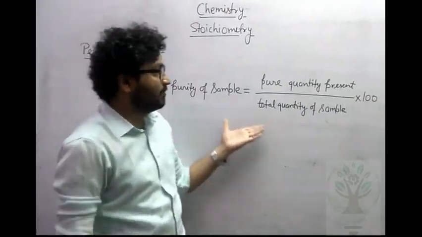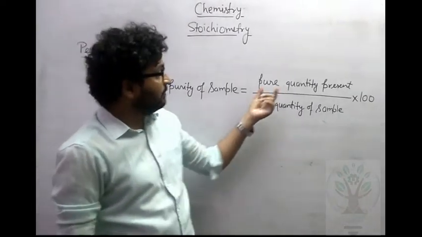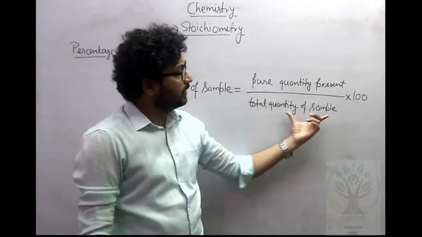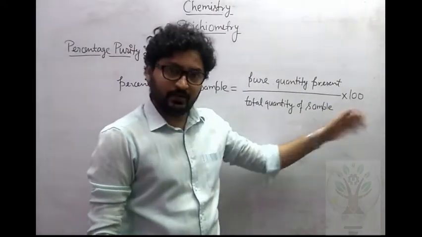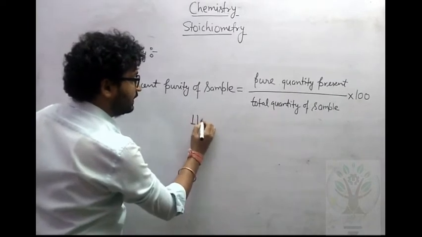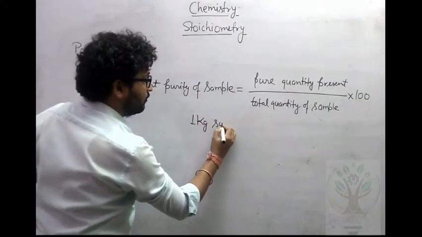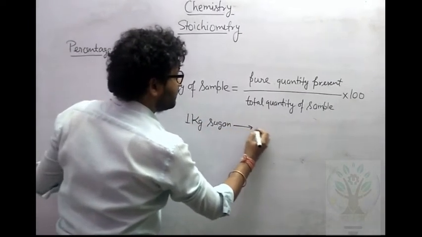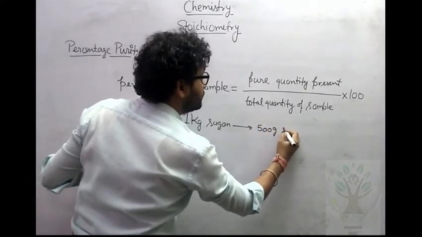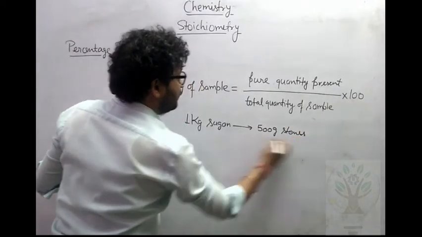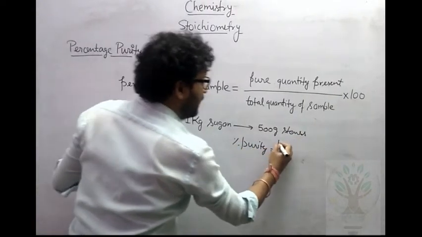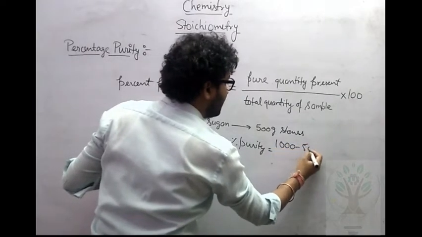Percentage purity of a given sample is calculated by this formula: pure quantity present upon total quantity of sample, multiplied by 100. Let's say you brought 1 kg sugar and half a kg of stones came out. So percentage purity will be 1000 minus 500.